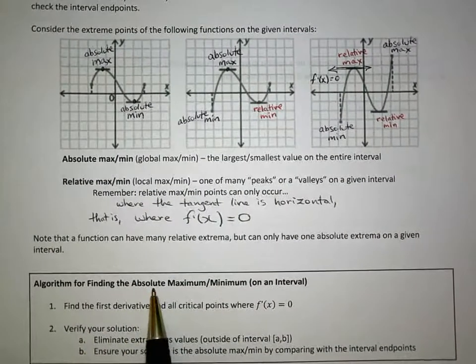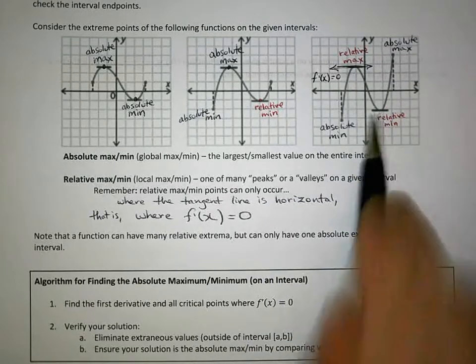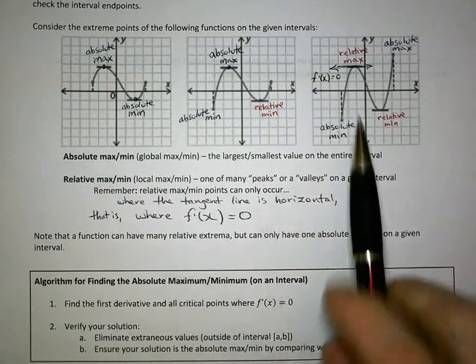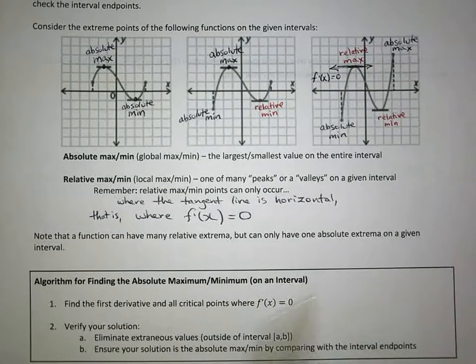If I wanted to find the absolute max min, and remember this only works if I have a function on an interval, I would find the first derivative, then all the critical points where the derivative is equal to 0. That would give me all these points. Then I'm going to verify my solution by eliminating any extraneous values. It could be that one of the points you found is outside of the interval, so then you don't have to worry about it.